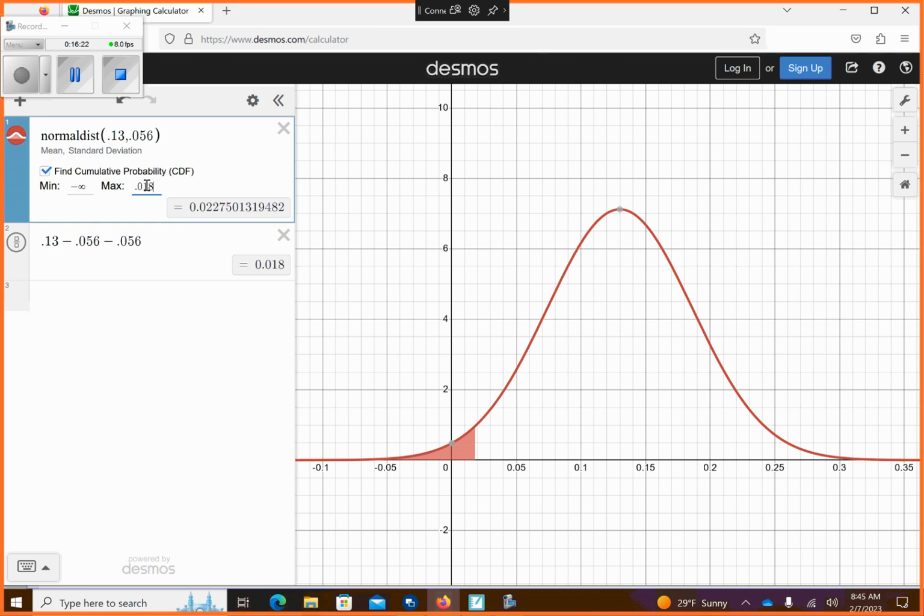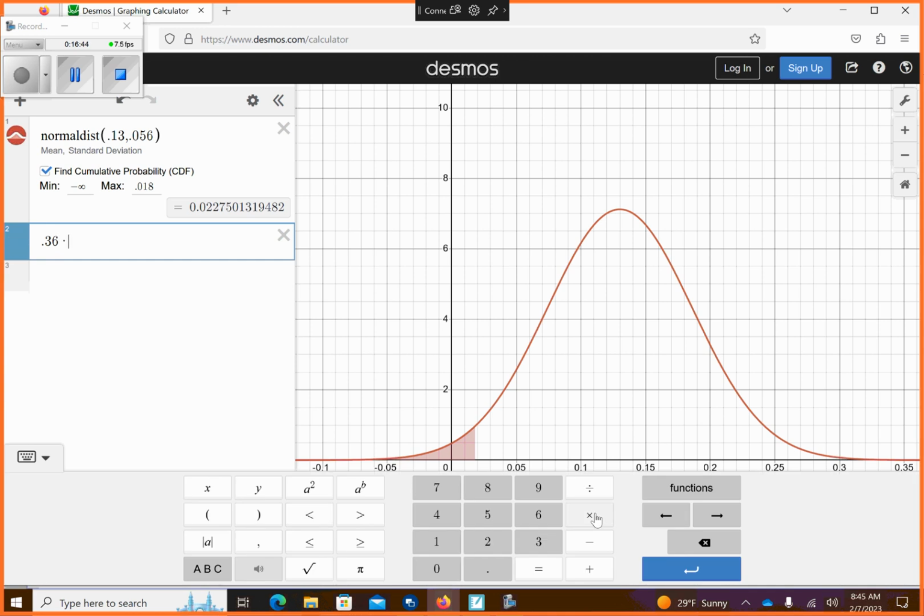Roughly. Does this fail any assumptions for proportions? So basically we have to do the sample of 36 times 0.13.